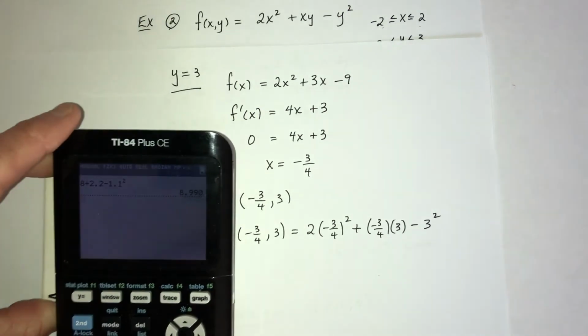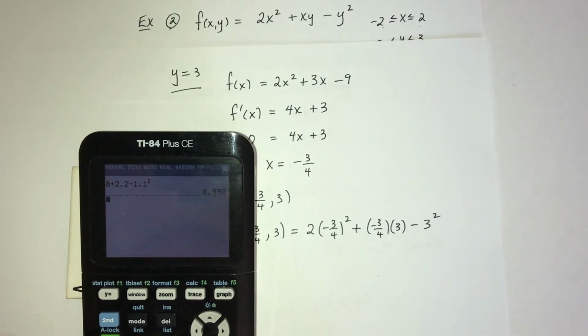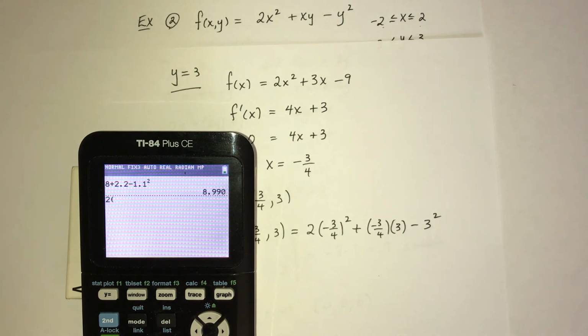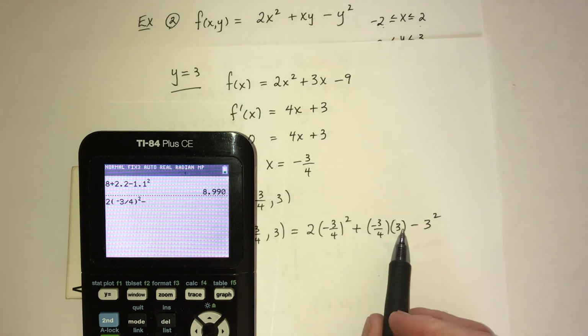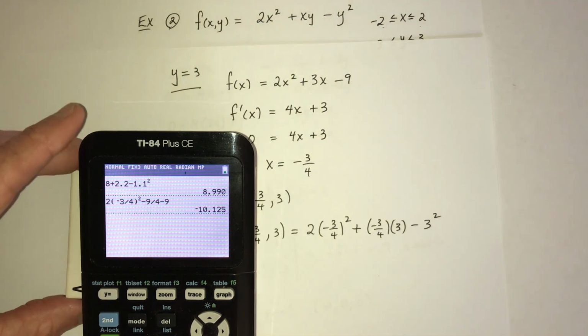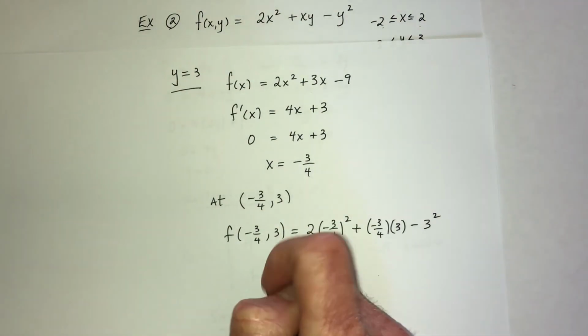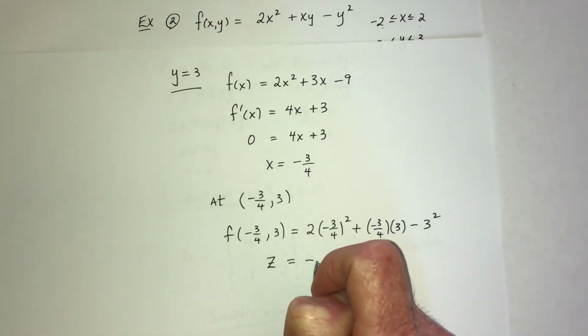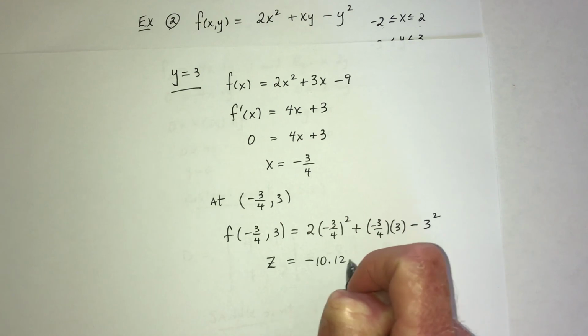So that is the value at that particular point. Negative 3/4 gets squared, and then this would be minus 9/4, and then minus 9. So negative 10.125. So the z value equals negative 10.125.